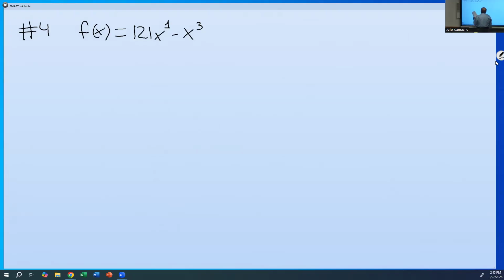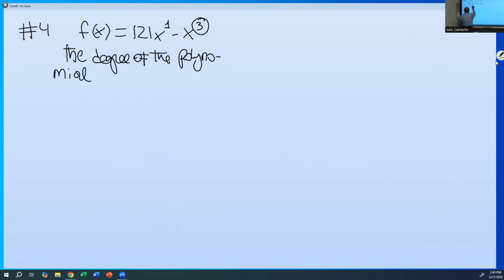You can see that 3 is greater than 1, so the degree of this polynomial is 3. So you can say the degree of the polynomial is third degree. And not only is it important to know the degree, but you know that 3 is odd. It's an odd function.